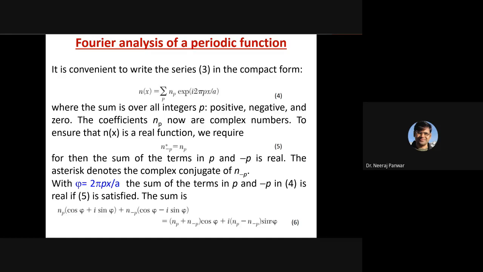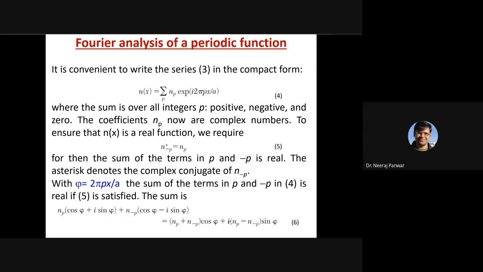And n_p, remember, is a complex number. So it is equal to e to the power i p y, and n_minus_p would be equal to e to the power minus i p y. When you add these two terms, their real parts will come and their imaginary parts will cancel out. In the difference, their real parts will cancel out and their imaginary part will come.